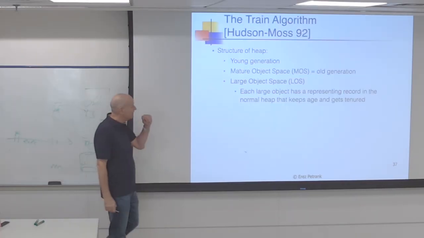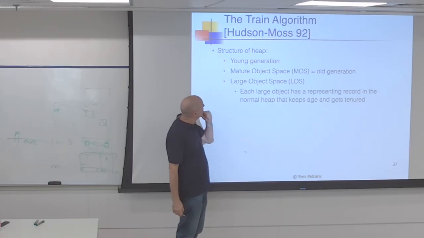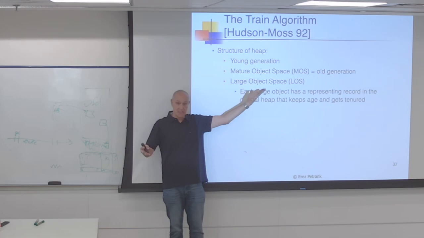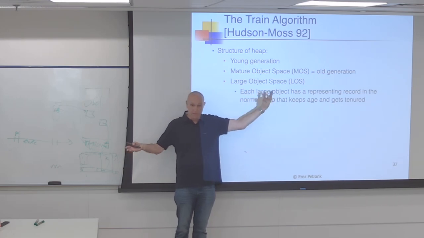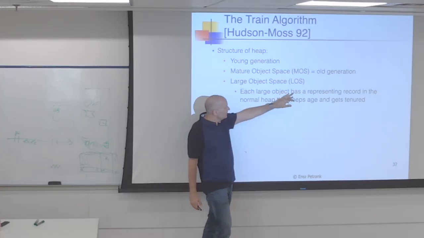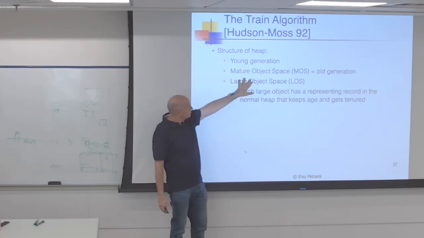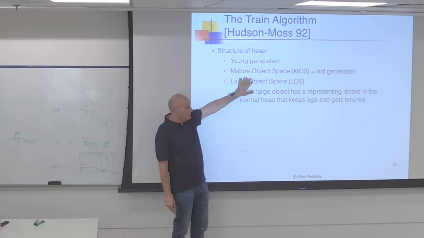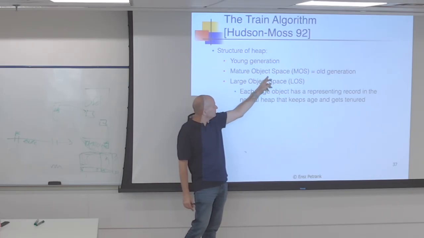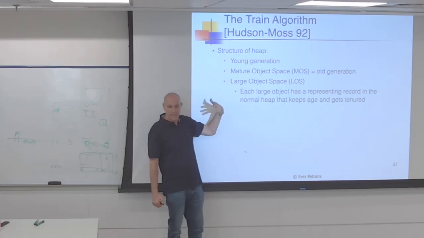Okay, so the train algorithm is what we came here for. The structure of the heap is that we have a young generation, as we usually have in generational collection, and the old generation, which, in the days of politically correct times in the US, they called the mature object space.